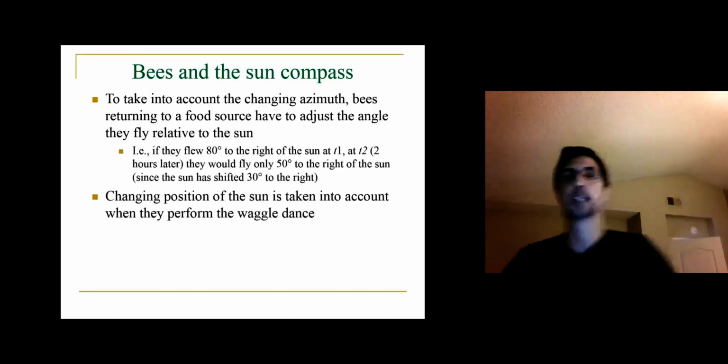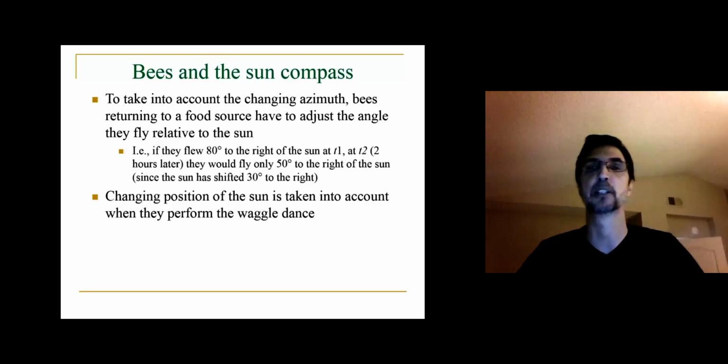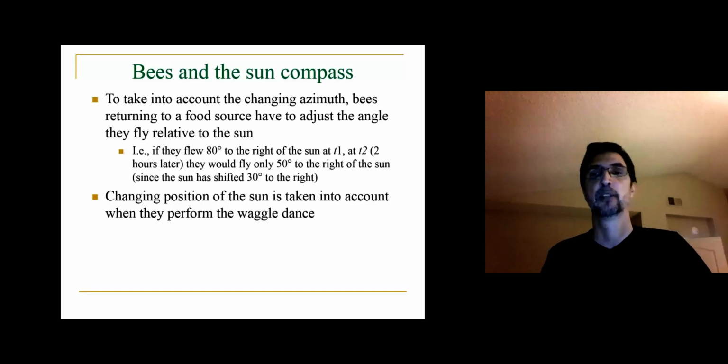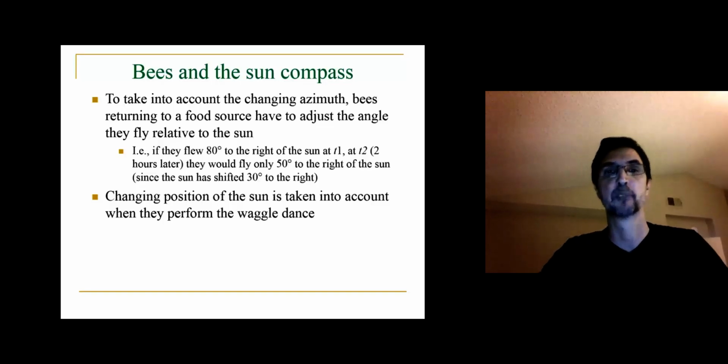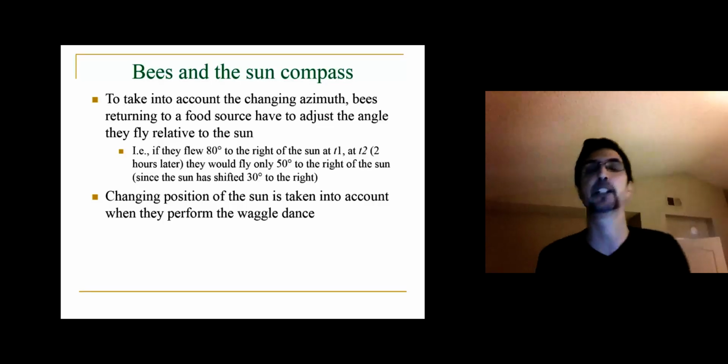So this means that if bees are able to reliably use the sun as a compass, they have to take into account the changing azimuth. So they have to adjust the angle that they fly relative to the sun. Why is that? Because let's say that the food source was found to be 80 degrees to the right of the sun at T1, and then 2 hours later they go back to that food source.